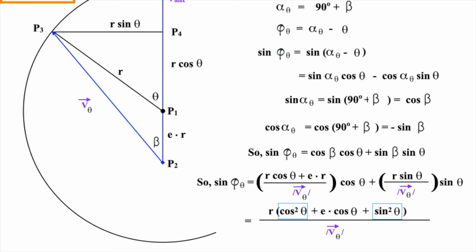Notice that we have a cosine squared theta and a sine squared theta, which we can add together to get 1, and we are left with an expression that is relatively simple. Let's move it into a fresh workspace.